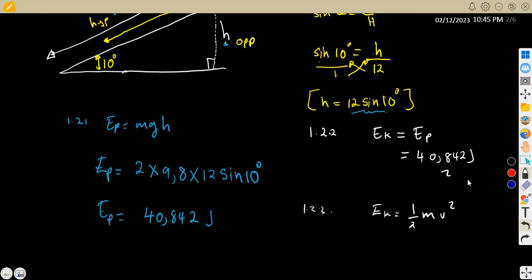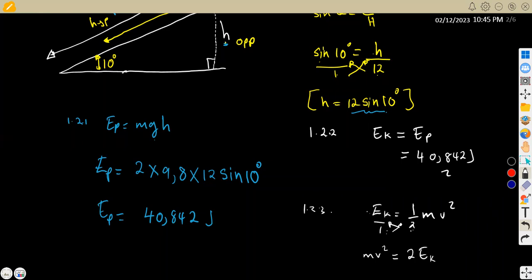So we can make v the subject, or we can just substitute the values and then calculate. This is the same as over 1, so you can cross multiply from your mathematics. That's 2 times this, and 1 times this. So it's mv squared is equal to 2 times Ek.